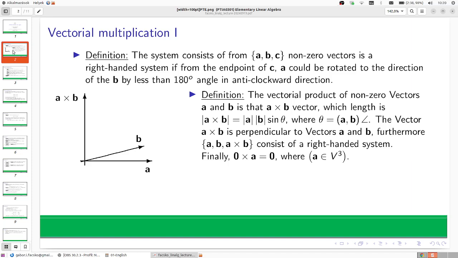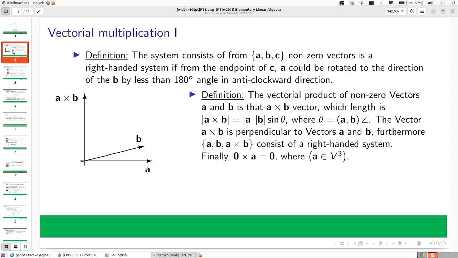If you want to apply it, the first one is this vectorial product of non-zero vectors. You have A, you have B, and A carries B in this direction. This is the direction, because there are two important things in the vectors. One is the direction, and the other is the length.